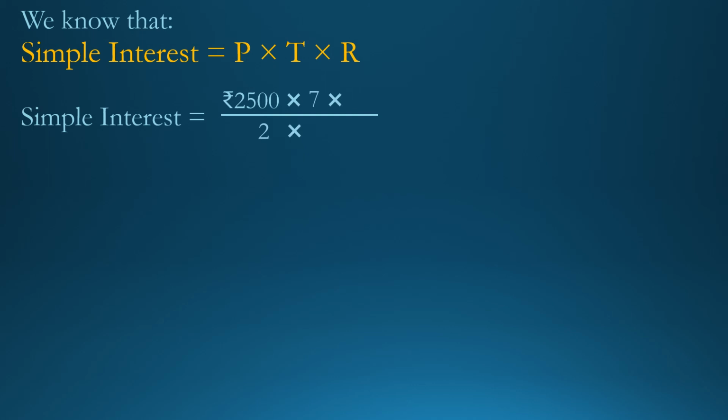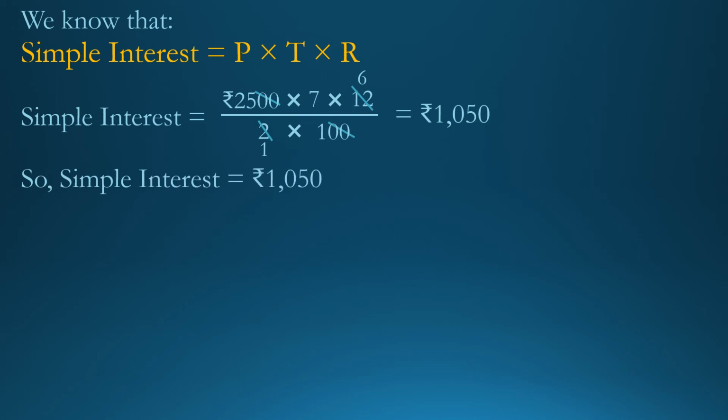And rate of interest is equal to 12 upon 100, so write down 12 upon 100. Now simplify. Cut 20 by 20. See, 2 and 12 both are divisible by the same digit 2. So divide. 2 1s are 2 and 2 6s are 12. Now it cannot be further divisible. So do the multiplication. We get rupees 1050. So simple interest is equal to rupees 1050.